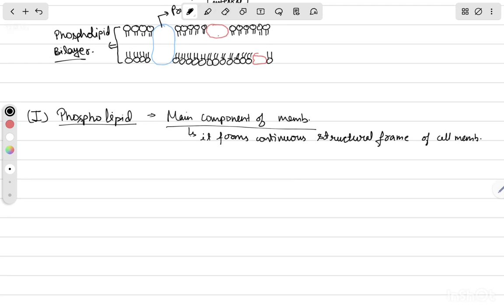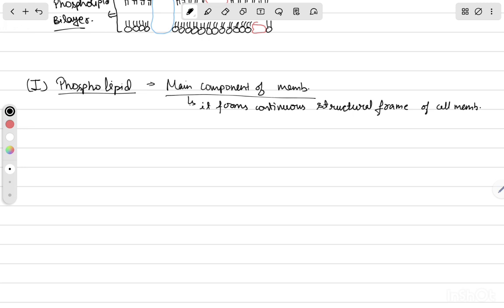Now what is phospholipid? Why are we studying phospholipid? What are the main important points of phospholipid? The structure of phospholipid is like this. That is the head of phospholipid. It is the tail of phospholipid. This structure is considered to be the head of phospholipid, and this structure is considered to be the tail of phospholipid, right?